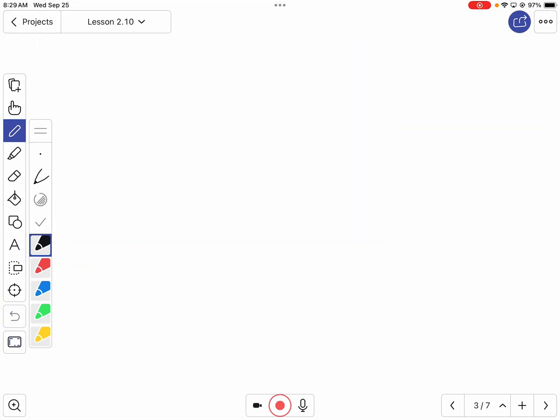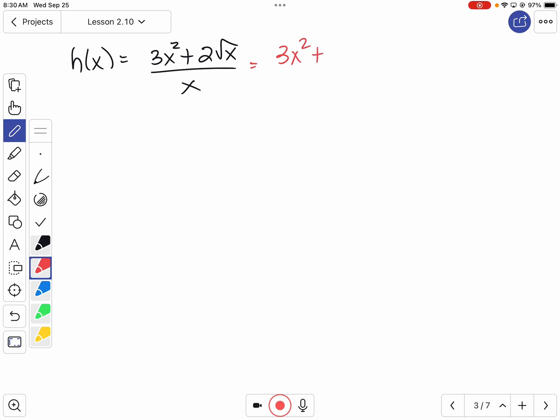So we've got h of x is equal to 3x squared plus 2 square root of x, over x, right? Okay, so I am going to rewrite that because I know I'm going to have to do that hi-d-ho stuff, just so that I've got it as x to the 1/2. Okay, so let's process through and see where our simplification comes in.